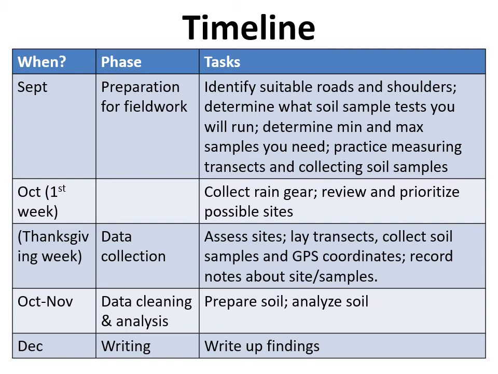You want to probably practice measuring transects, because I would imagine that in this case, if you're interested in the geography of lead poisoning along roads, or lead pollution, lead contamination along roads, that I can imagine, though you'd want to do a lit review to check this, that locations adjacent to roads, so the shoulders, would be areas with the highest level of lead contamination, and this would probably drop off as you moved away.